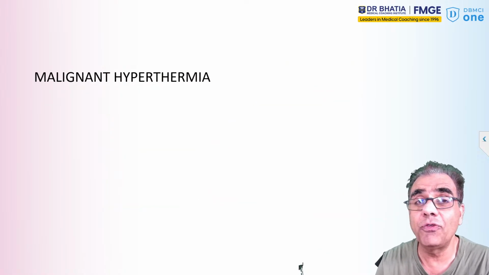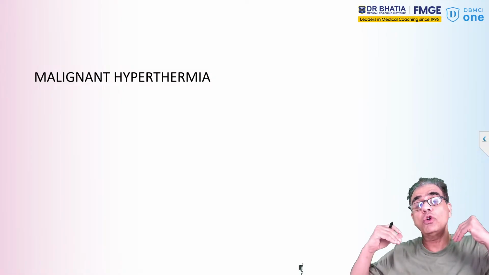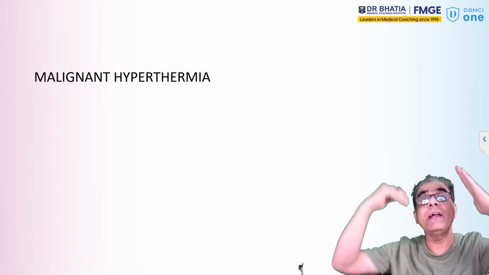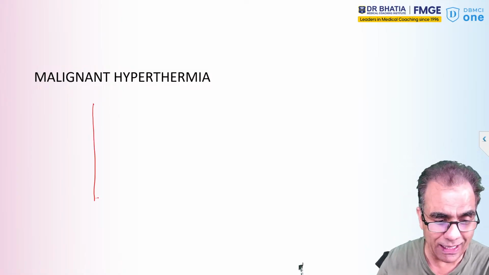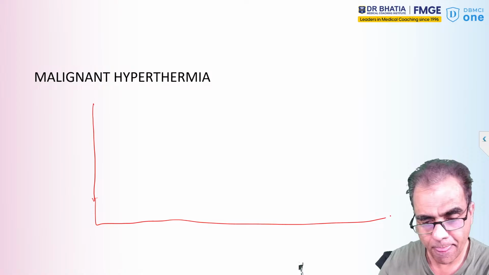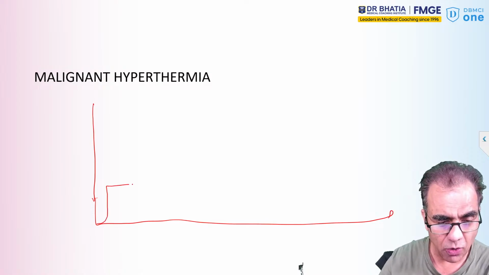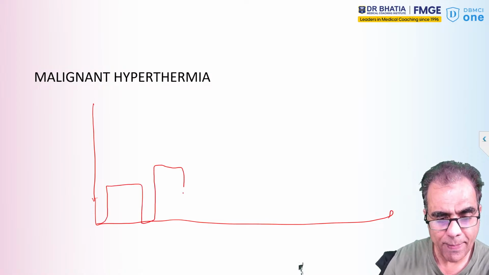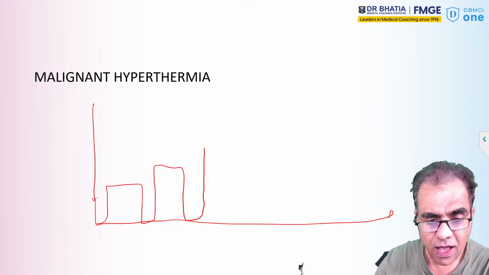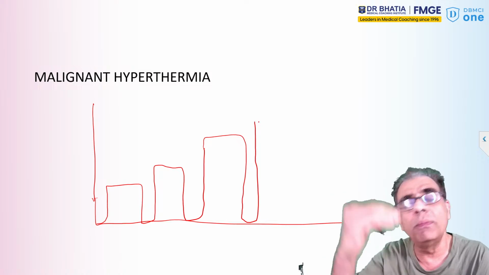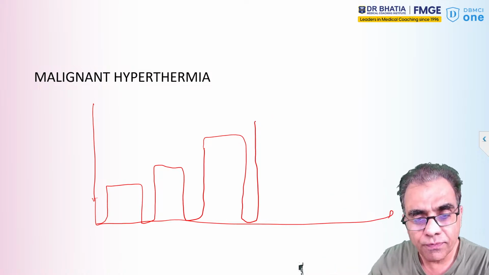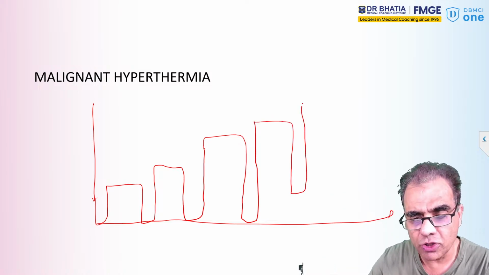Malignant hyperthermia, if you remember, I told you that CO2 can go very high, 80, 90 mmHg. So what kind of graph do you expect in malignant hyperthermia? CO2 will start to rise and will keep on increasing. And after some time, the capacity of soda lime to absorb CO2 will exhaust, so the baseline will also start shifting.